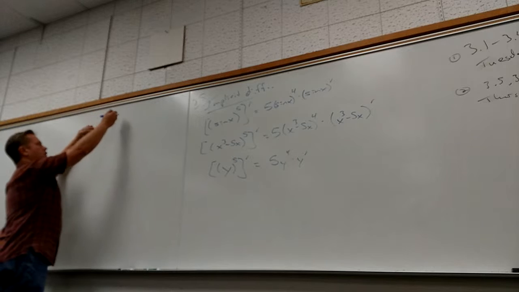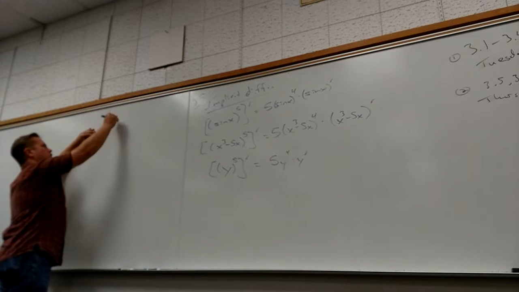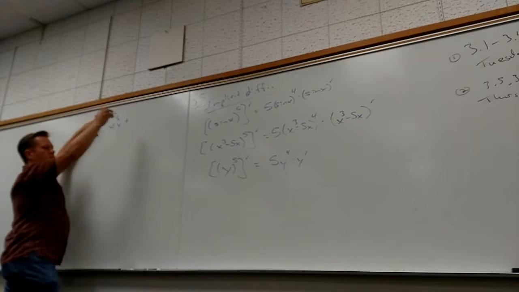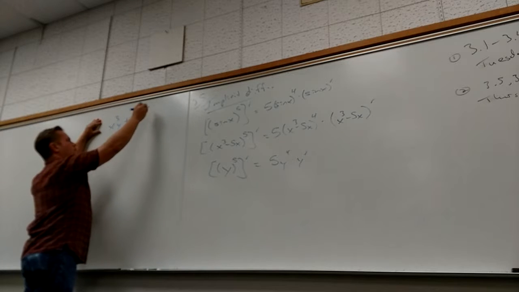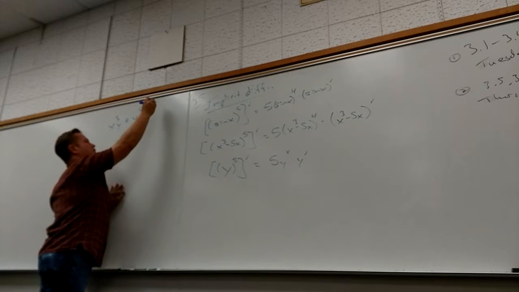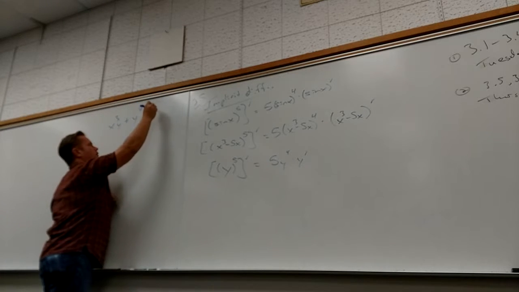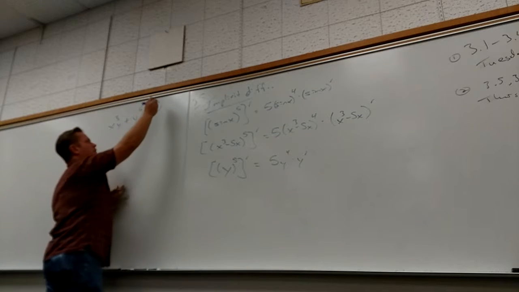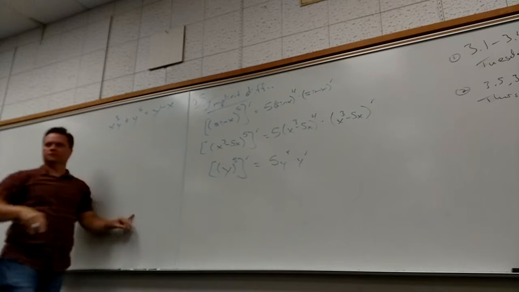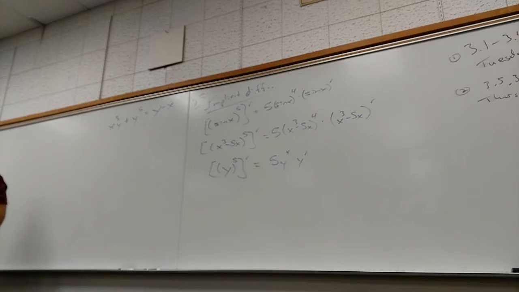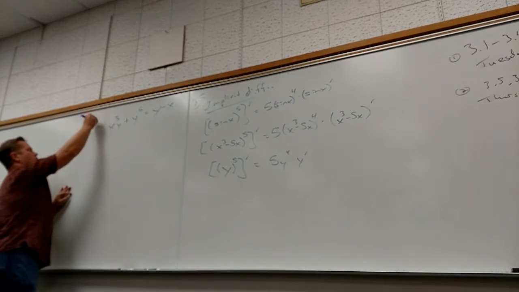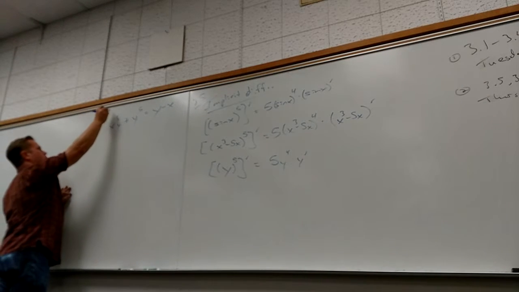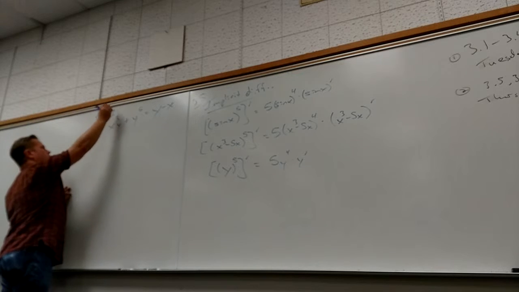But here's what a problem is going to look like. It can look like this: x cubed y plus y to the fifth equals, what you got, Jeff? y minus x. So the instructions are going to say, most of the time, find dy/dx.